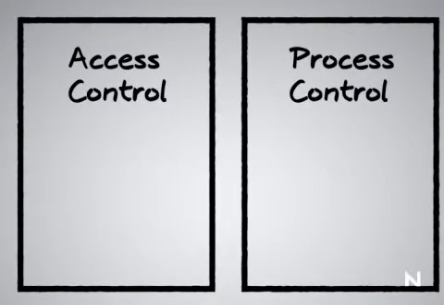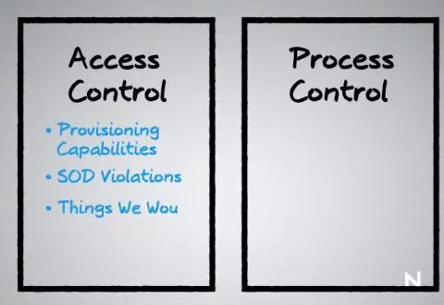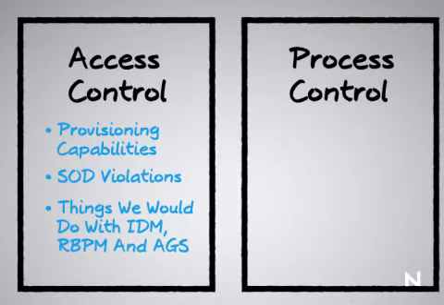So the access control piece deals with the provisioning capabilities, looks for simple SOD violations, deals with those types of aspects. Traditionally, the stuff that we would do within Identity Manager, some role-based provisioning module, and a little bit of some of the stuff like Access Governance Suite, again, to a much smaller degree. But again, only within the SAP environment. That's what it affects.